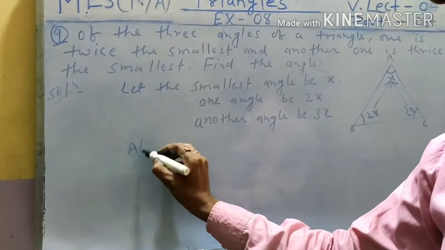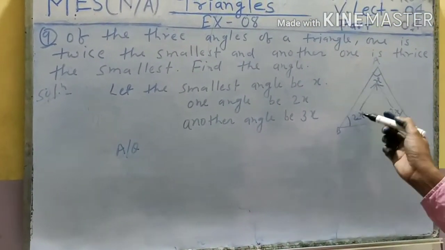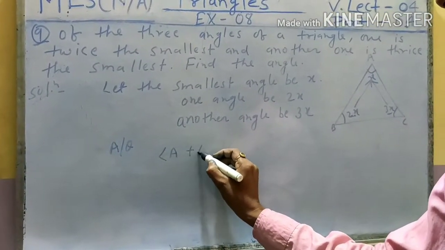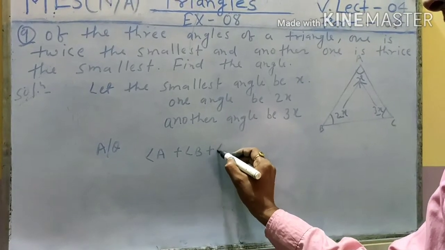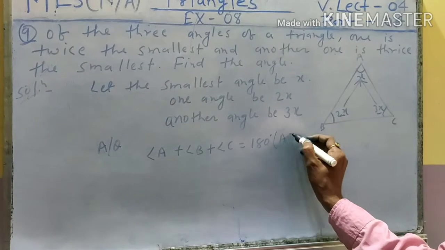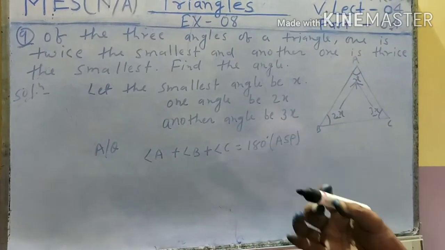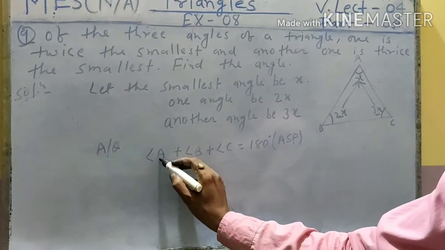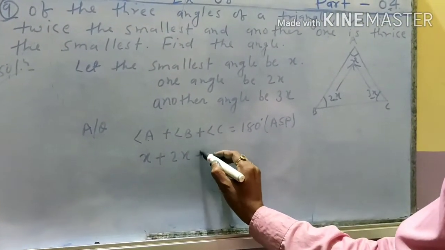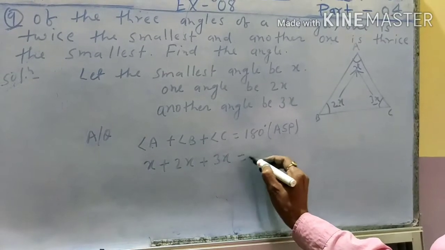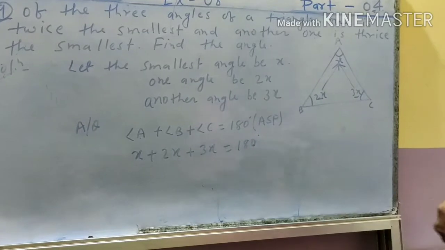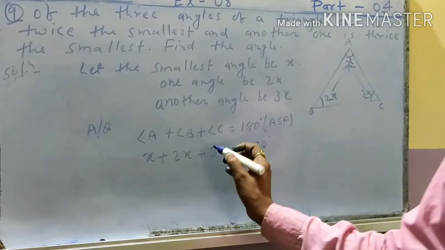According to the question, x plus 2x plus 3x, that means we can write here angle A plus angle B plus angle C is equal to 180 degree by ASP, angle sum property. So x plus 2x plus 3x is equal to 180 degree.